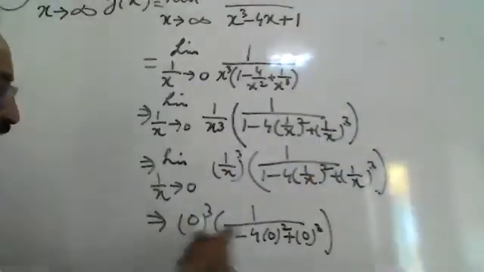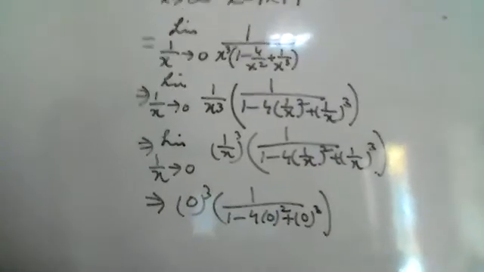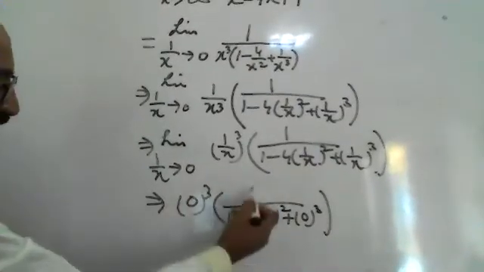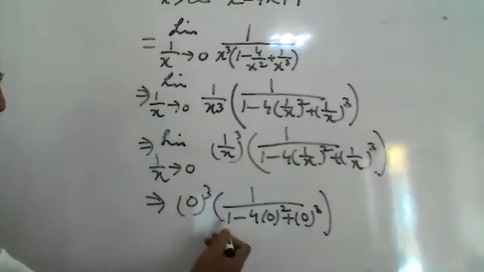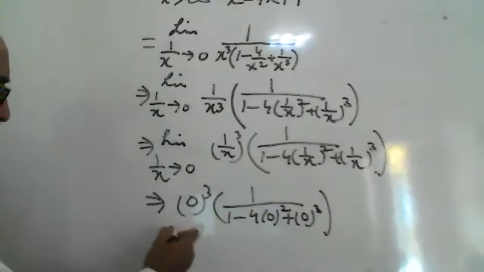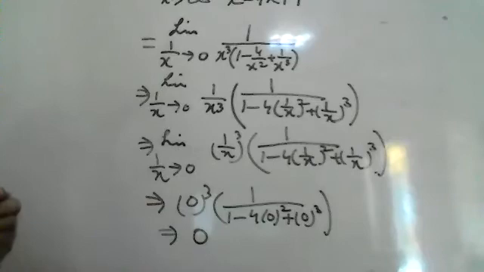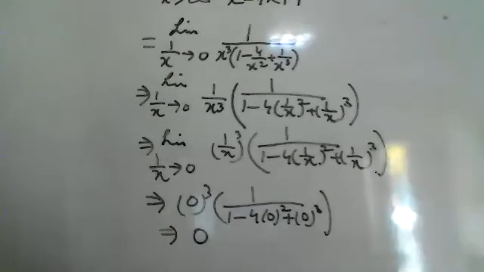When 0 is multiplied by anything, the answer will be 0. This is the answer.